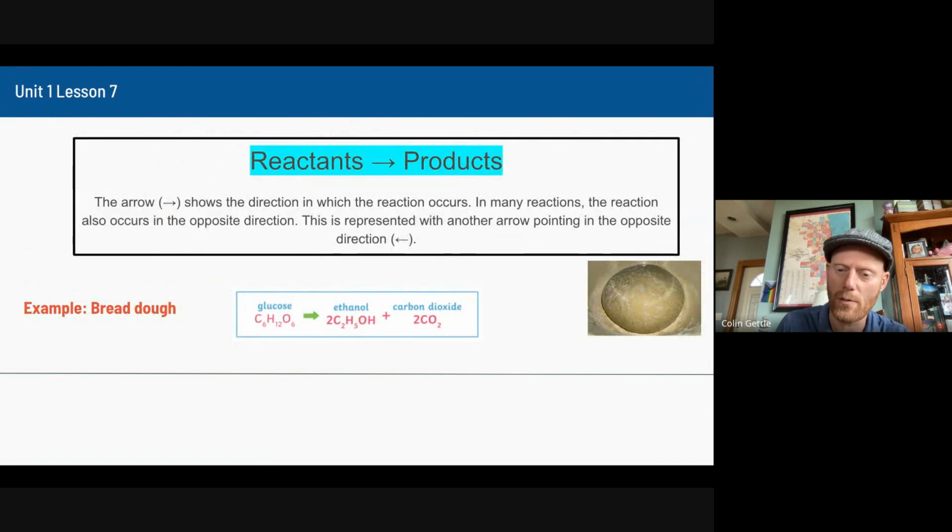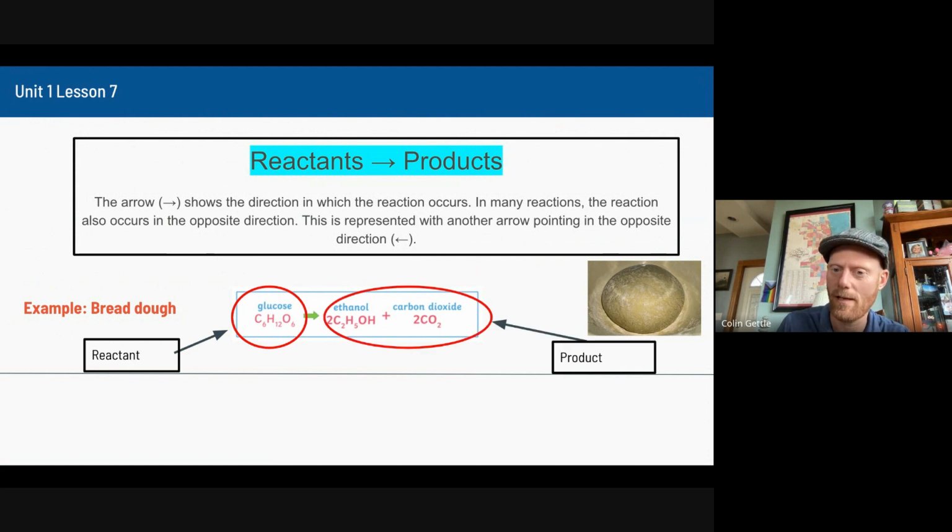All right, so we can use this chemical equation to show that. And notice that there's an arrow in there. So the arrow, you will often hear scientists refer to that as the yield arrow. So in our example, glucose yields ethanol and carbon dioxide. All right, so glucose is the reactant, ethanol and carbon dioxide are the products.